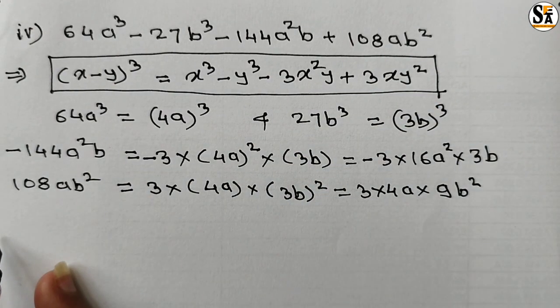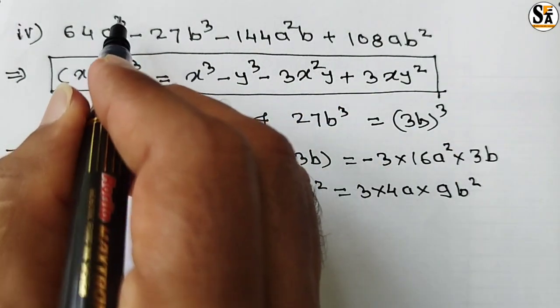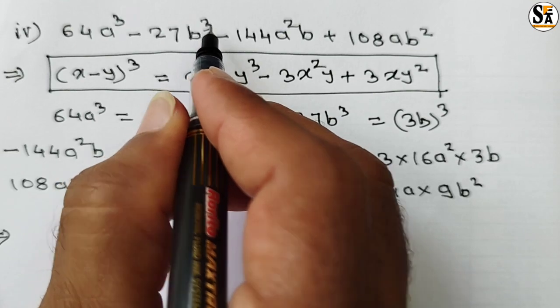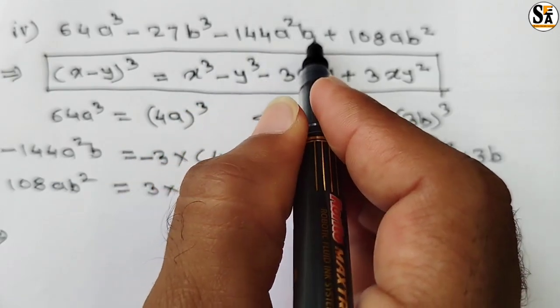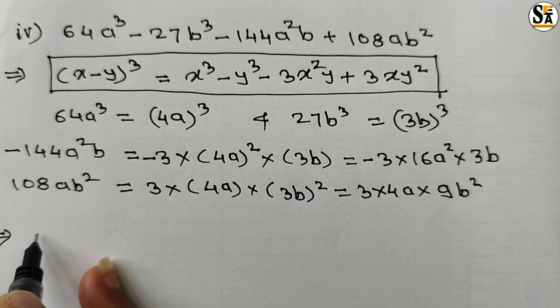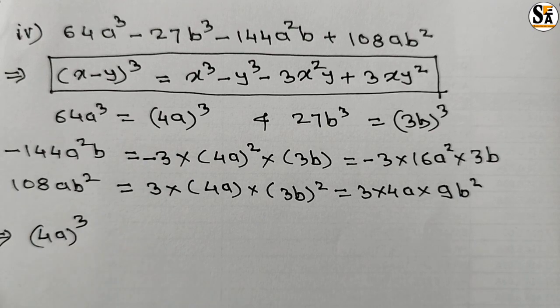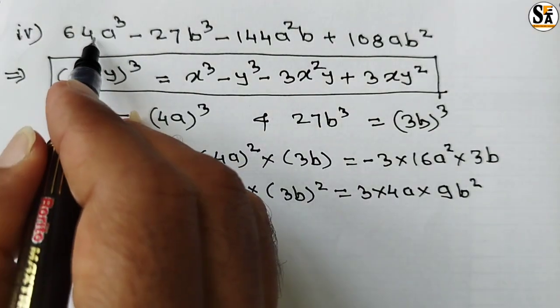So in the next step, I will write this expression 64a cube minus 27b cube plus minus 144a square b plus 108ab square. We can write like this, 4a bracket cube, isn't it? 4a bracket cube for 64a cube.